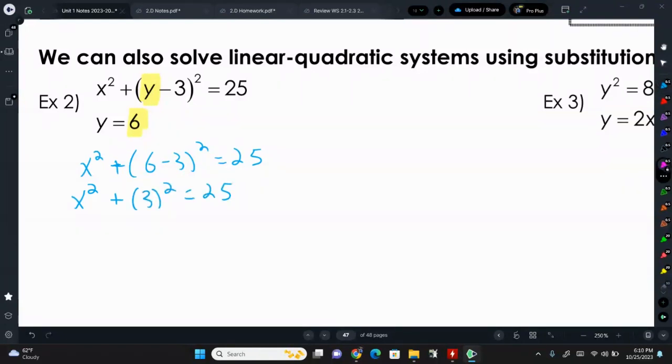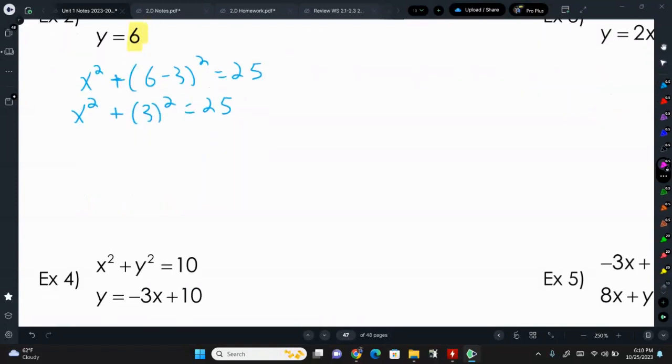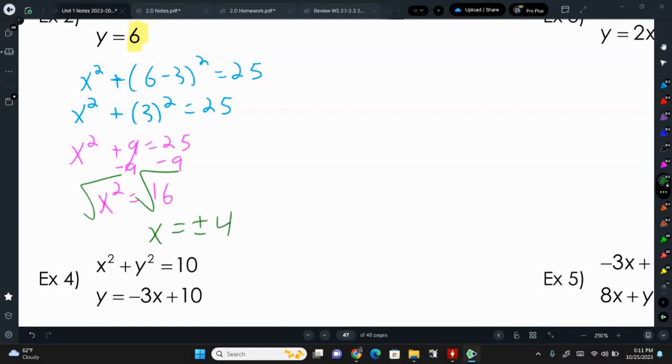6 minus 3 is 3, and 3 squared is 9. So x squared plus 9 equals 25. We'll subtract 9 from both sides. x squared equals 16. And then when we square root both sides, remember when we take the square root to solve, we must have plus or minus.